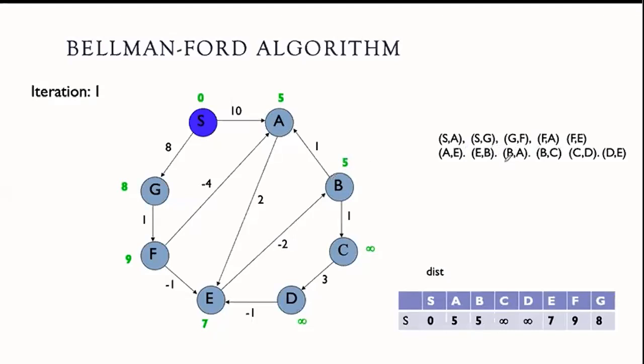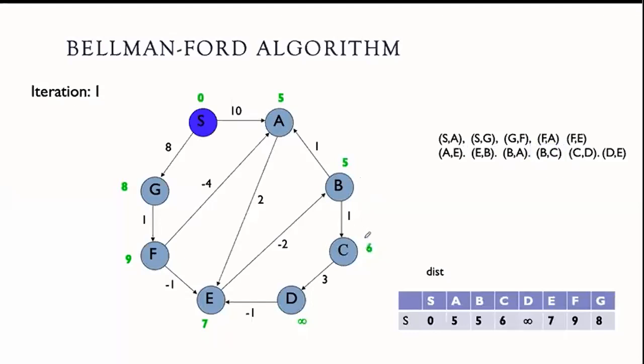Next, B to A. Already distance of A is 5. So 5 plus 1, 6. 6 is greater than 5. So don't change the distance of A. Here change will not happen. Next, consider B to C. Distance of C is infinite. 5 plus 1 is 6, which is less than infinite.